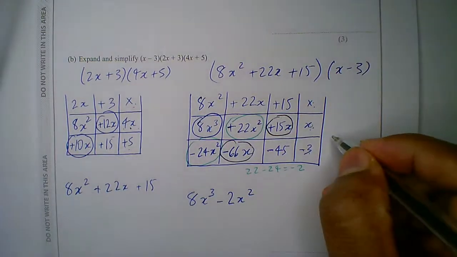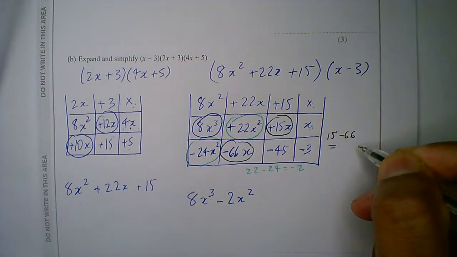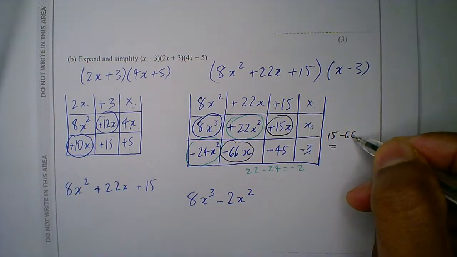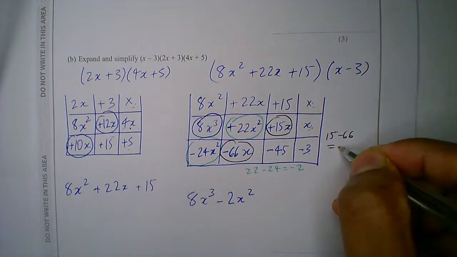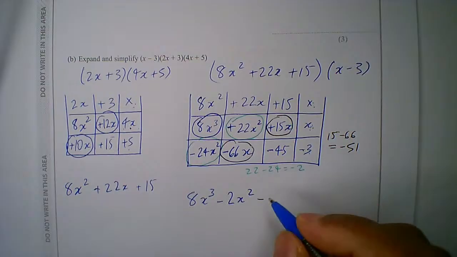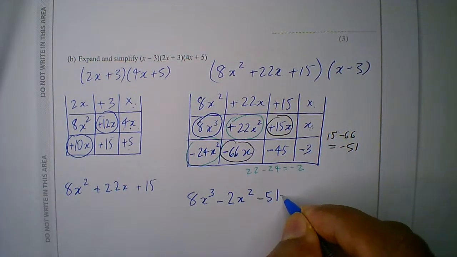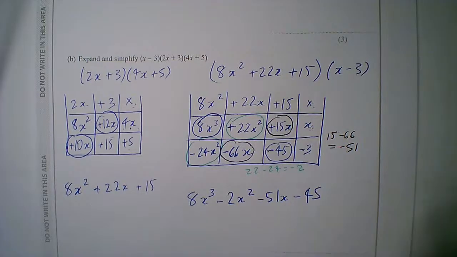So that is 15 take away 66. That gives me minus 51. So that's minus 51x. And then the last part here, take away 45.